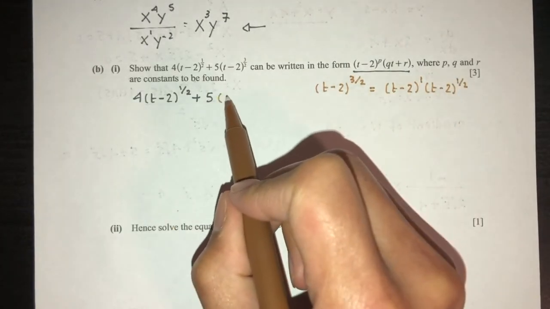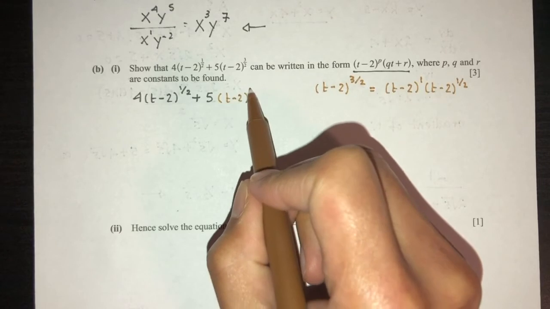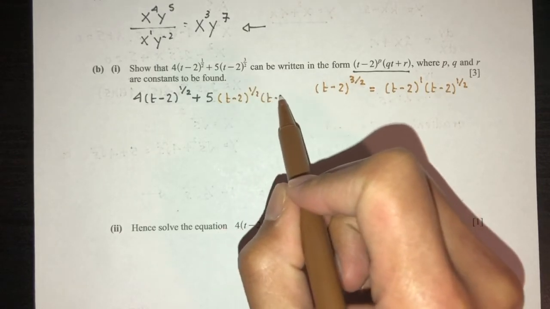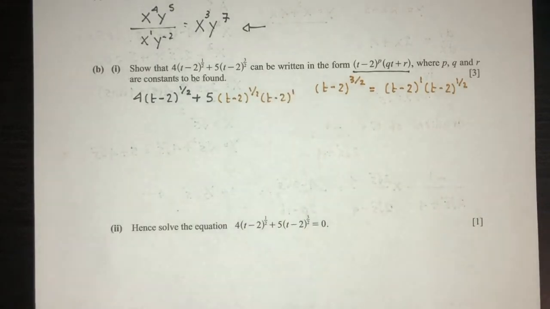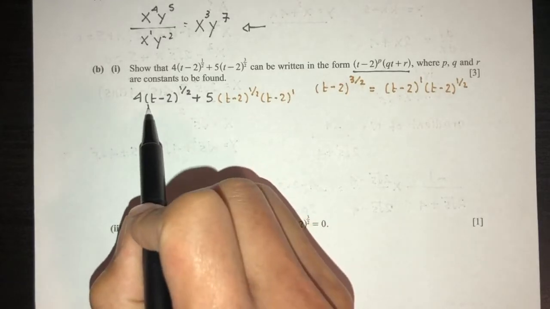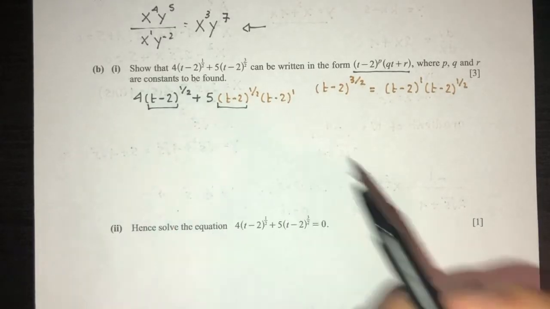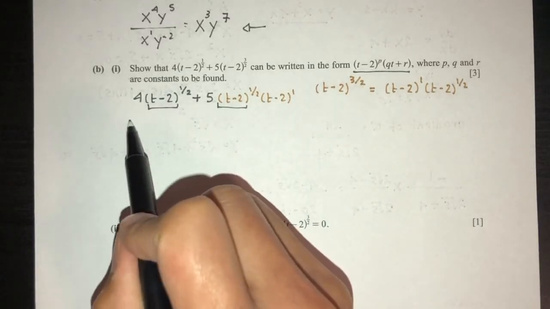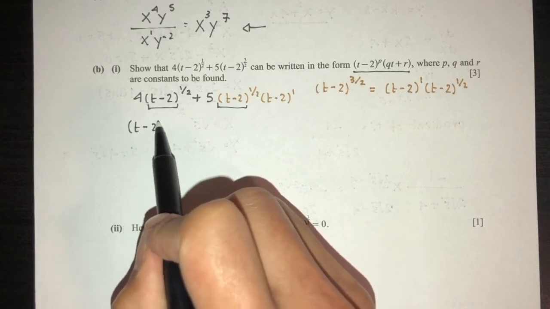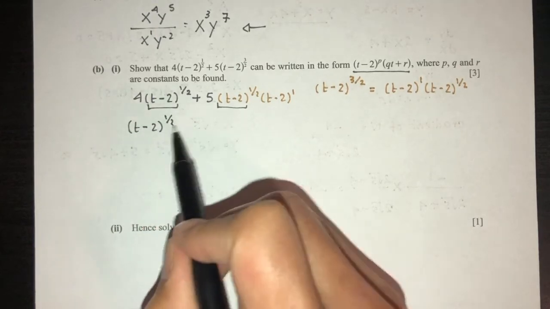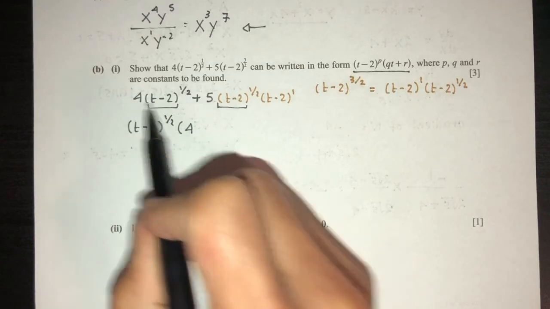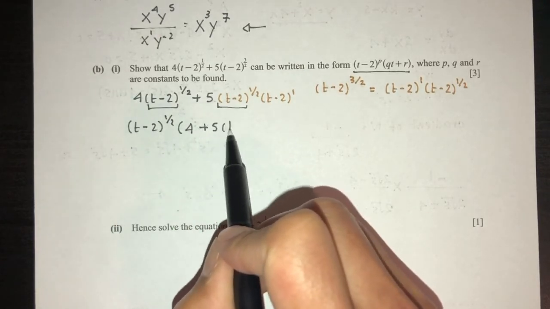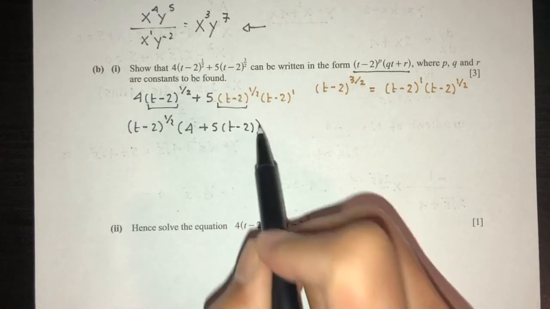Okay, so as you can see, this and this are the same, so we can factorize that. You will have t minus 2 power half outside, and you will have 4 plus 5 times t minus 2 inside.